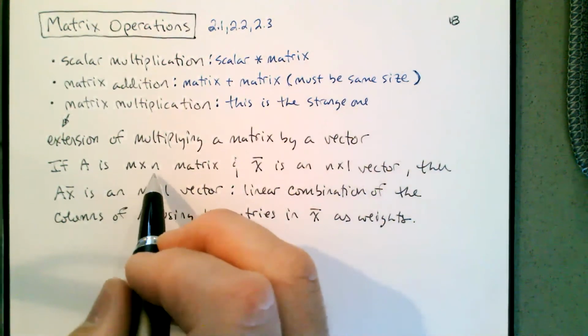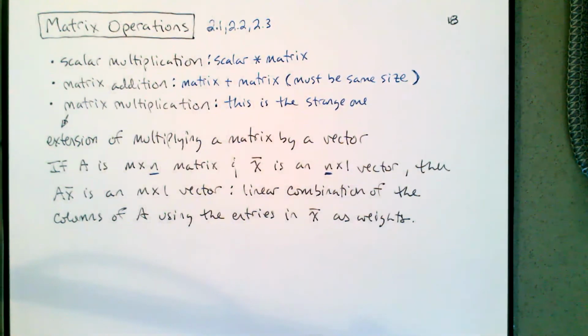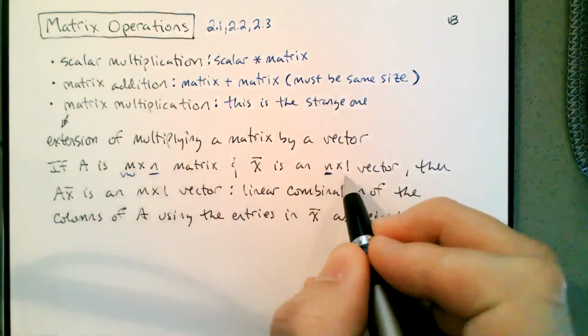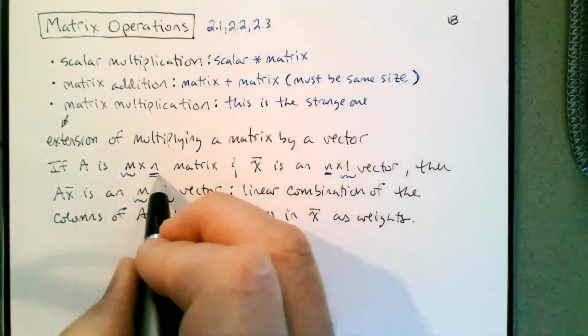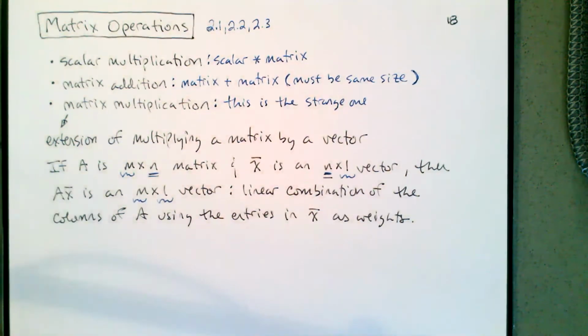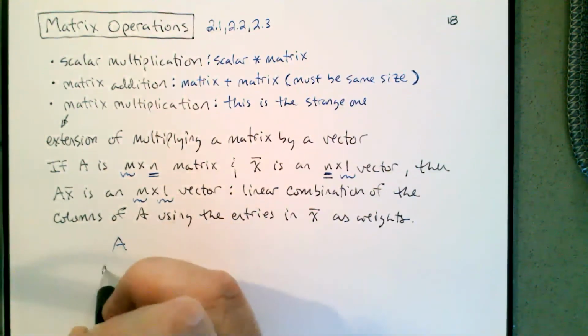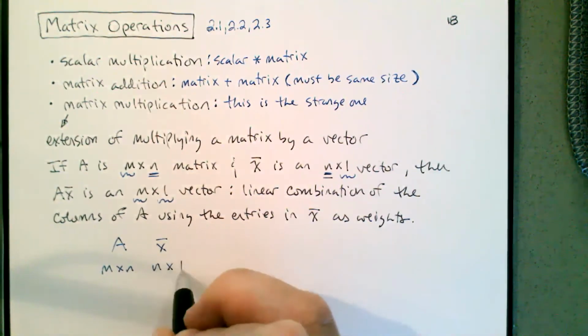Notice that A is m by n, and x is n by 1. Those have to match for the multiplication to be defined. And then the result will be m by 1. So the n's, the number of columns of A, must equal the number of rows of X. A is m by n, X is n by 1.